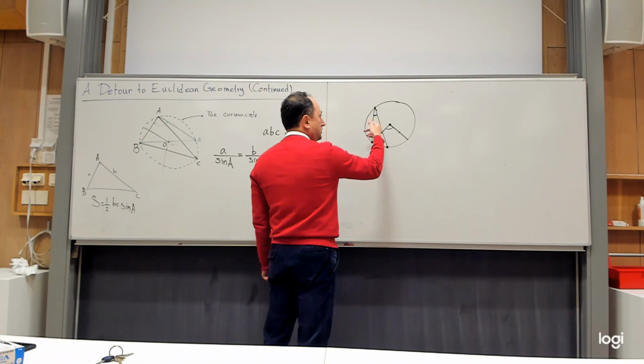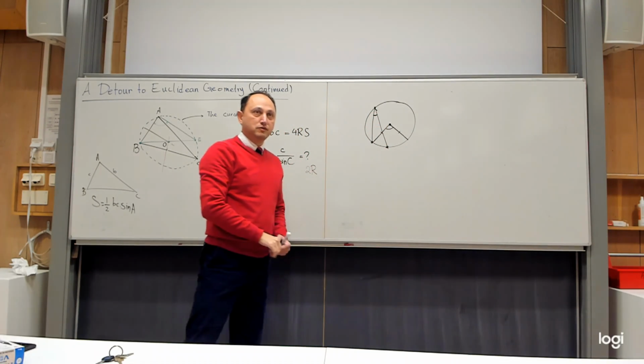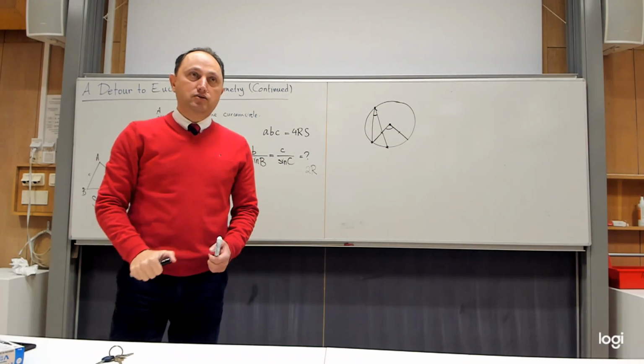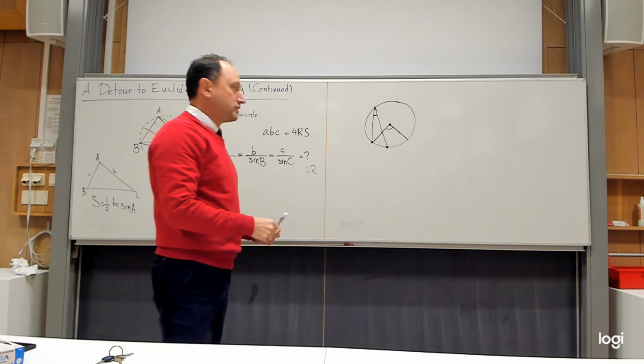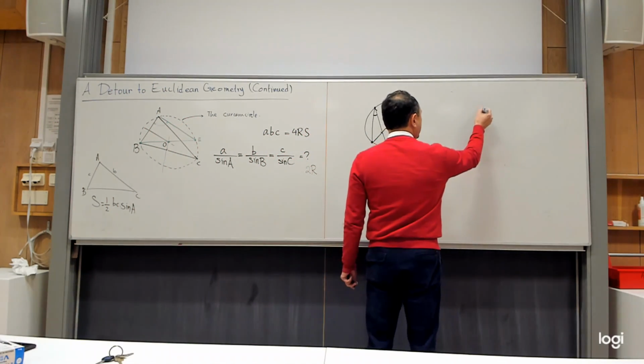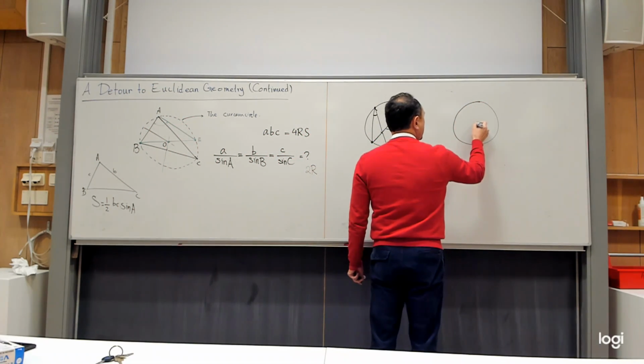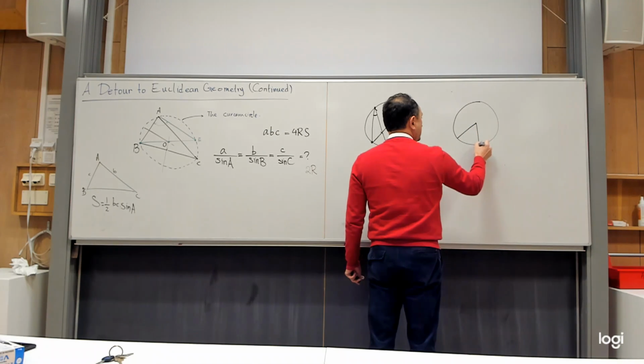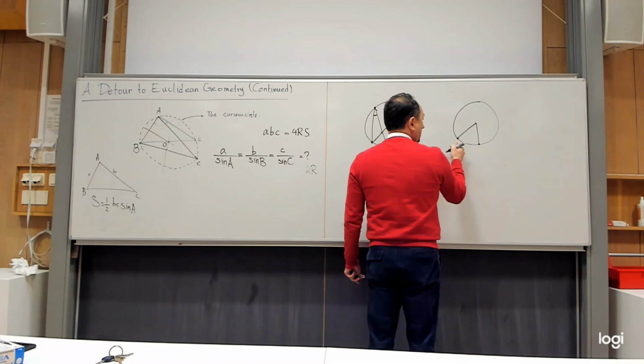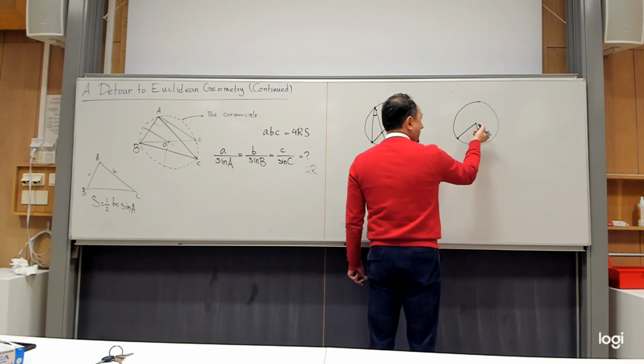Do you remember there was a relationship between an inscribed angle and a central angle, yes? So what was that? If I have a central angle theta, the arc it opens to is called the arc subtended by this central angle.